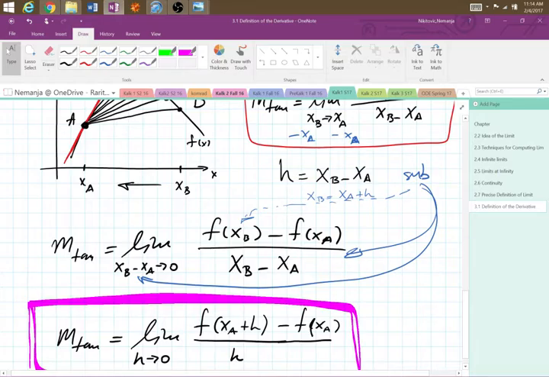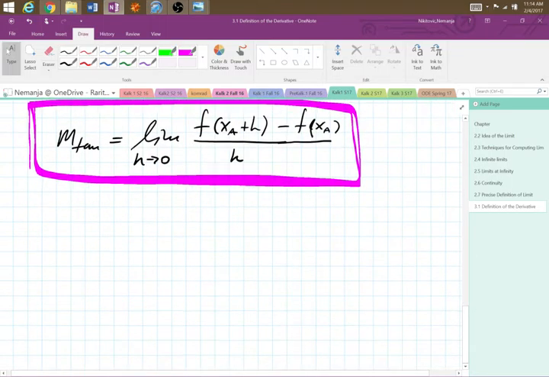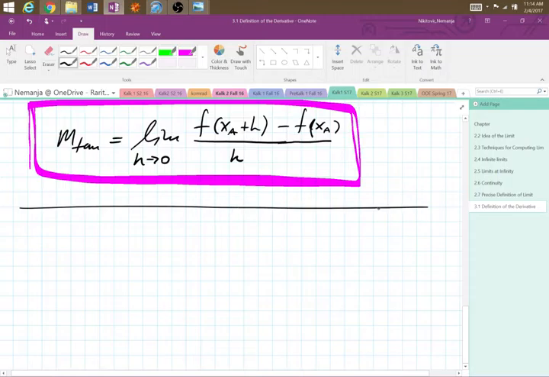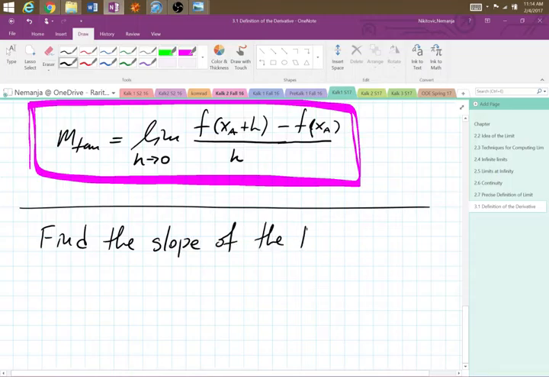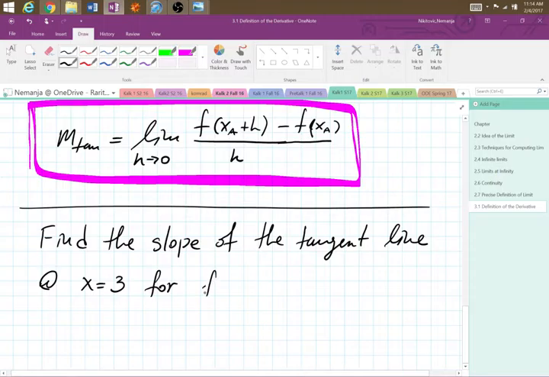Good time. So, find the slope of the tangent line at x equals 3 for the function y equals negative 2x squared plus x minus 2, whatever.